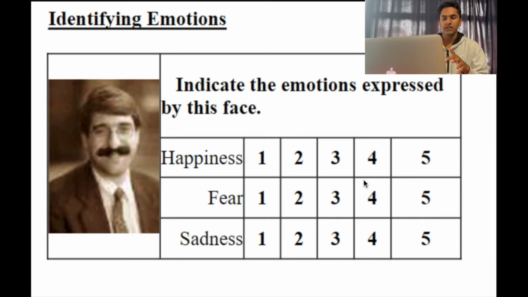And then if we move on to the next one, fear. When someone's fearful or afraid or scared of something, they wouldn't be smiling, so this one will be 1. And sadness, again, I don't know anyone who smiles or laughs when they're sad, so that would be 1 as well. You can get a grasp of what kind of questions they'll ask you in this subsection of the MSCEIT.